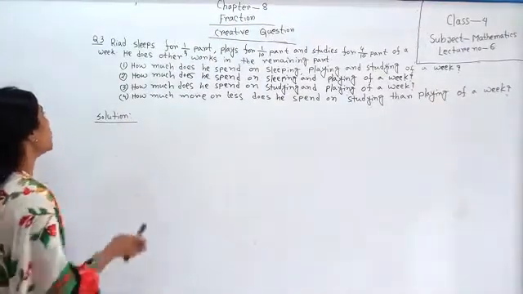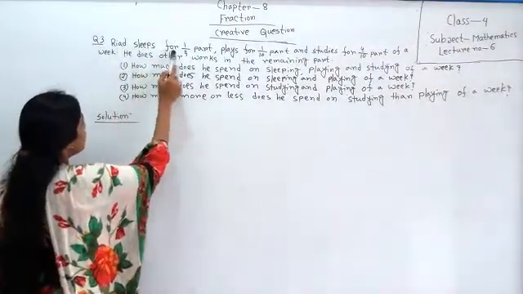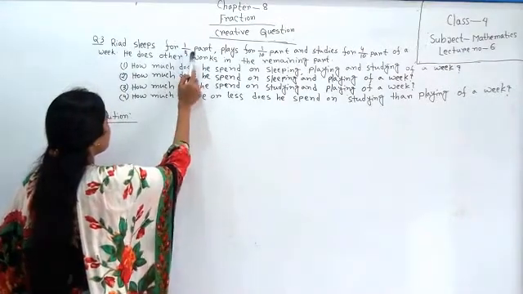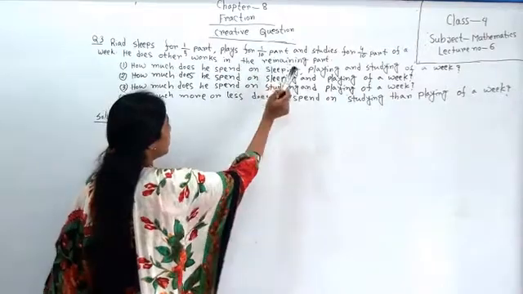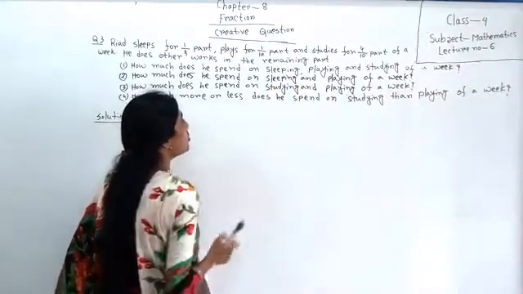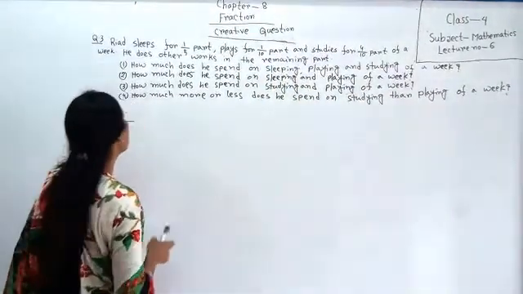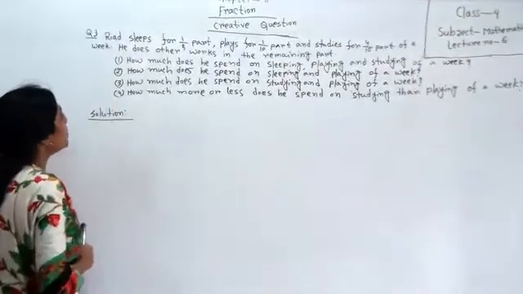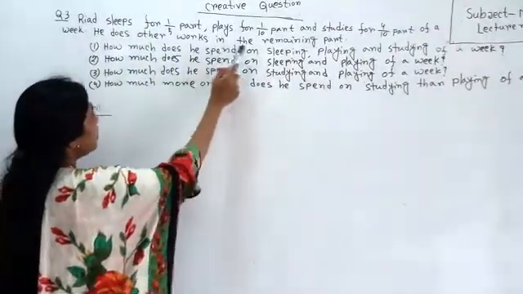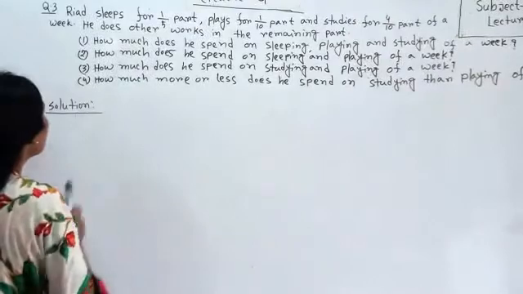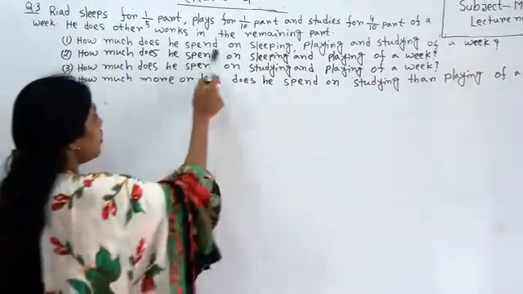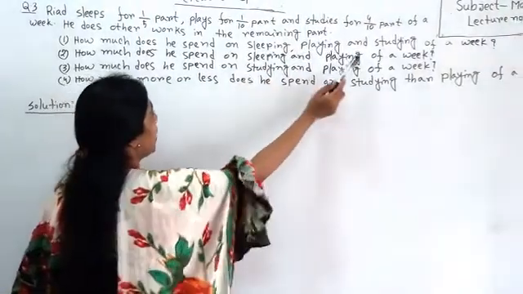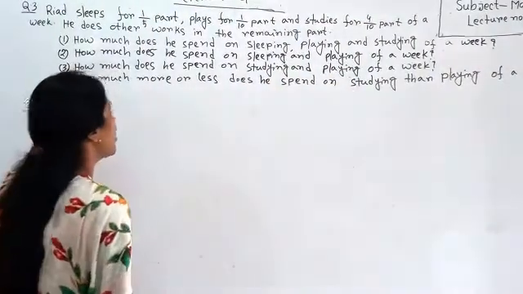Here is question number 3. Riyadh sleeps for 1 divided by 5 part, plays for 1 divided by 10 part, and studies for 4 divided by 10 part of a week. He does other works in the remaining part. Question number 1: How much does he spend on sleeping, playing, and studying of a week?